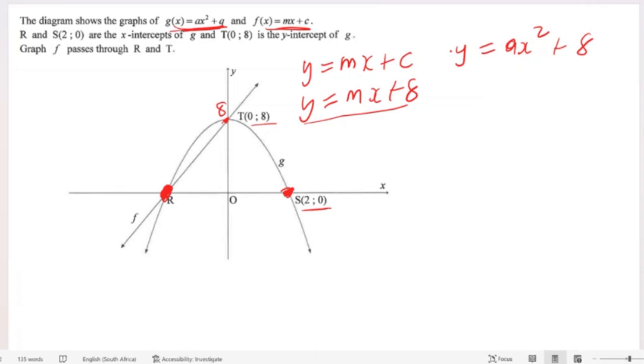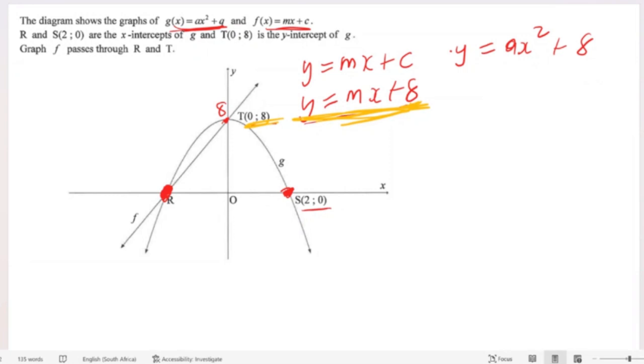Okay, now this is where we are here. So we have used this one here. So what will be the next step to find the equation? Already we know that 8 is our y-intercept. Let's start with the parabola.